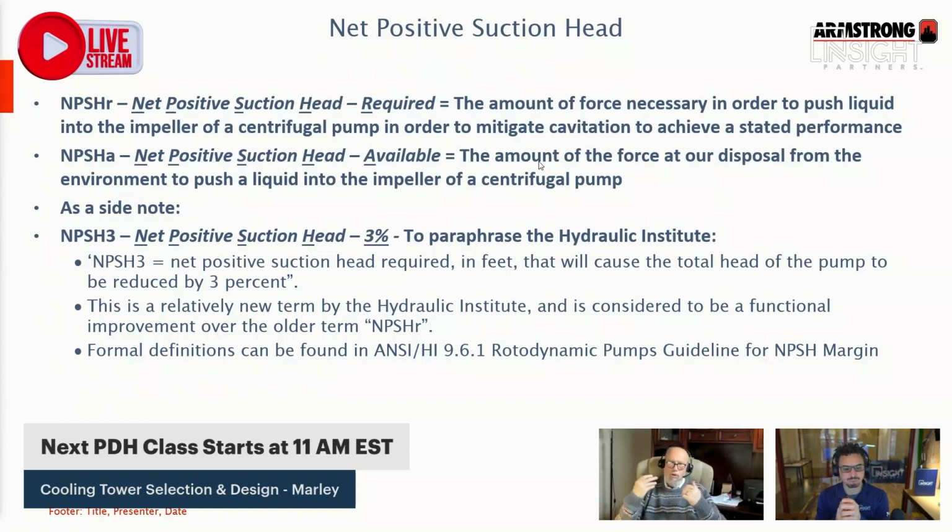Now, we've all used NPSHR and NPSHA for years and years. Understand that we want the available to be about 30% higher than what the required is. The reason for that is there's things we can't control as engineers.